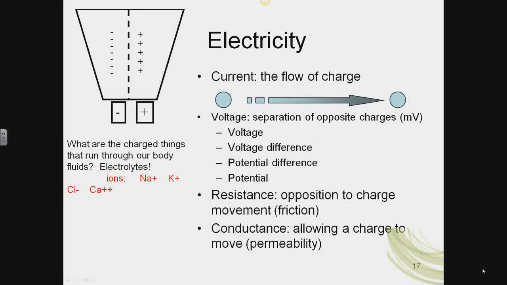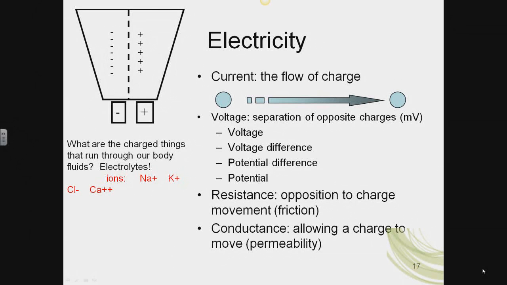What does that mean? It simply means how much chemicals and charges in that battery are separated. The more you have of the separation of opposite charges, the greater the voltage. And another way of saying that is voltage difference. Potential difference or potential. That all means the same thing.